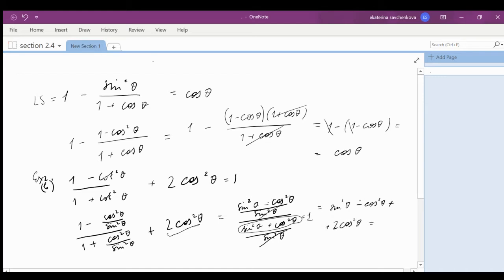What I see, this minus cosine and this plus 2 is going to give me just 1 cosine. So I'm going to have actually sine square of theta plus cosine square of theta, which is the well-known Pythagorean identity, equals 1, which is exactly my right side, right? Okay, I think that's all for this section. Please do the homework.